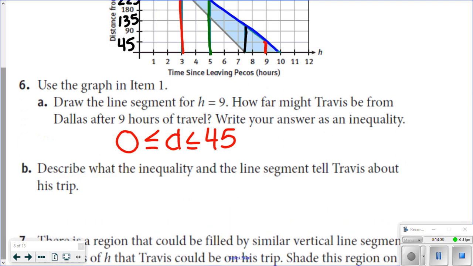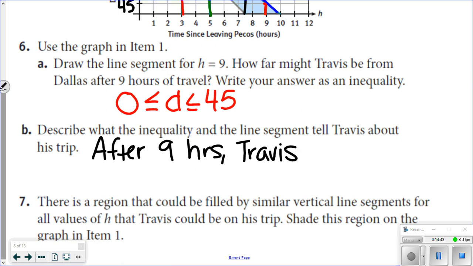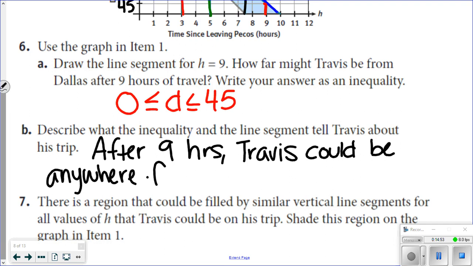So again, after 9 hours of travel, Travis is either there or he has up to 45 miles left to go.